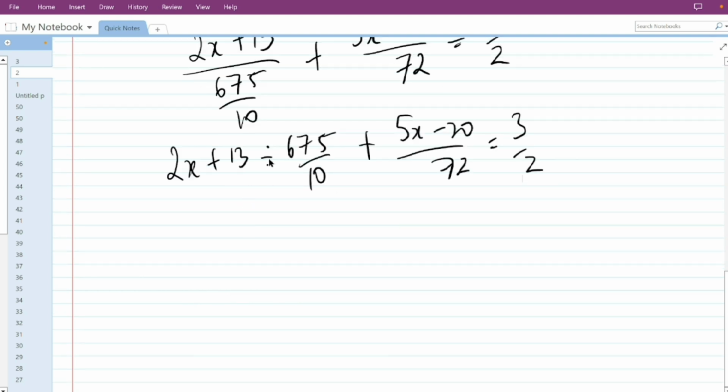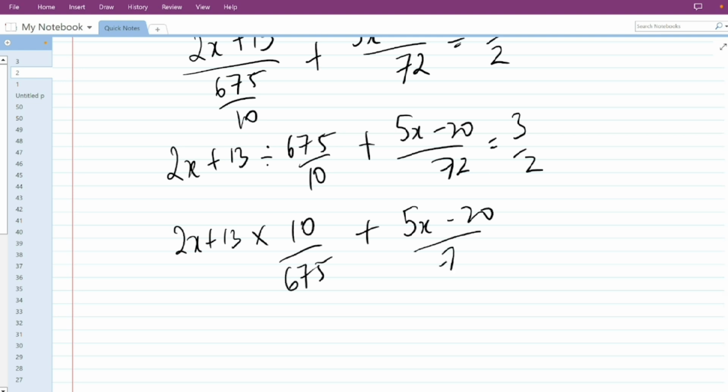We turn this into multiplication by switching this like we do in normal fraction division. So we have 2x plus 13 times 10 over 675, and on the other side still have your plus 5x minus 20 over 72 equals 3 over 2.